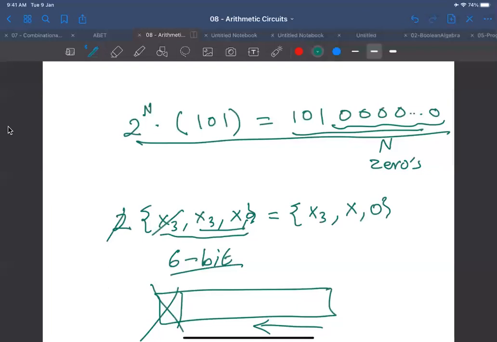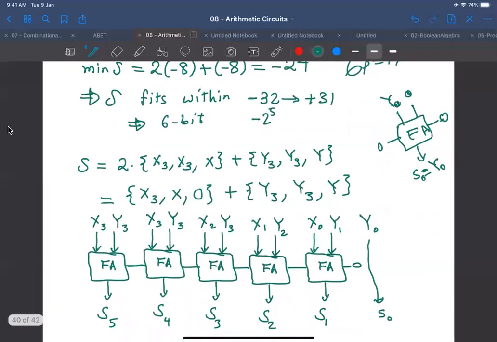So here I'm using x3, x, and 0, plus y3, y3, and y. This didn't change. Now this tells us that I'm adding y0, the least significant bit of y, with 0. So the first full adder adds y0 with 0, with a carry in of 0, to get s0, which is nothing but y0.